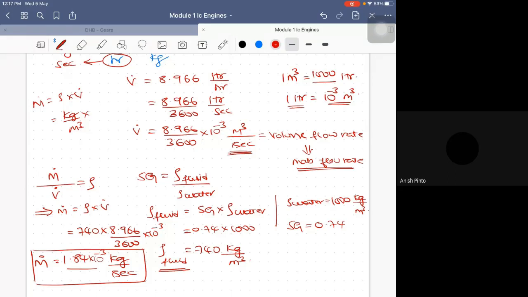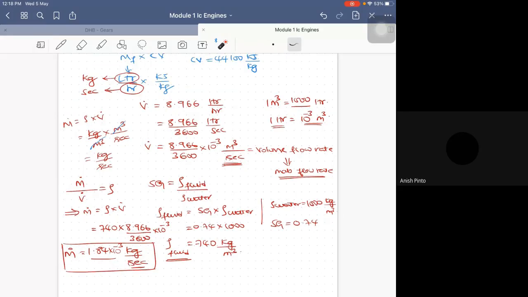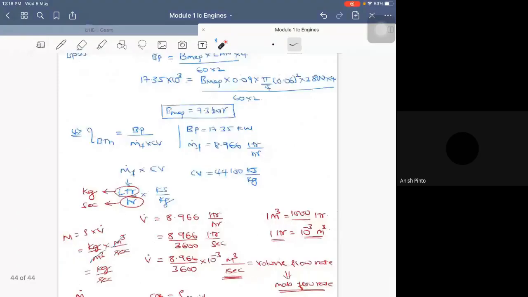Meter cube per second. So what happens here? Meter cube goes away, and the remaining would be in kgs per second. That is what I have written here. So this is how you convert a volume flow rate into a mass flow rate, thereby arriving at kgs per second. Now, I think the problem is simple.